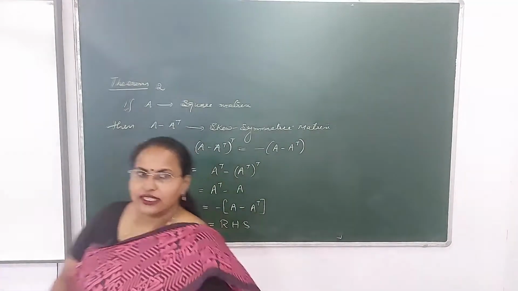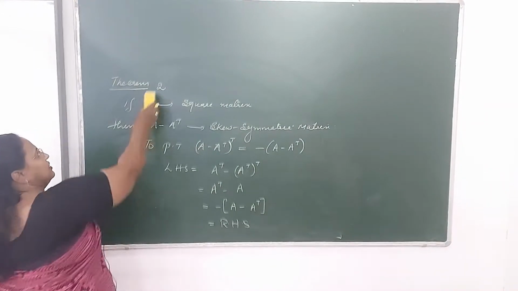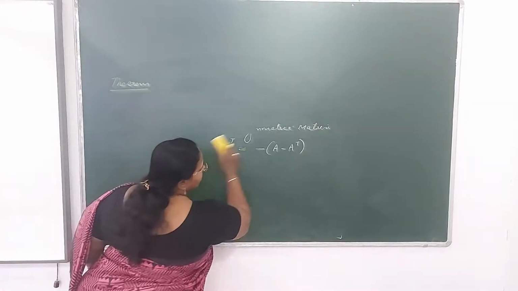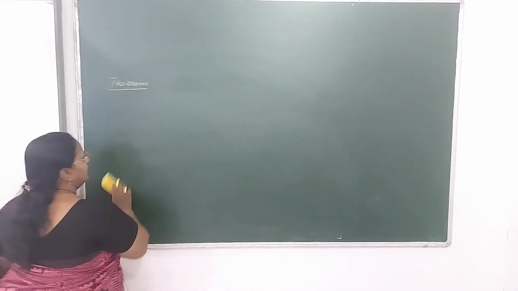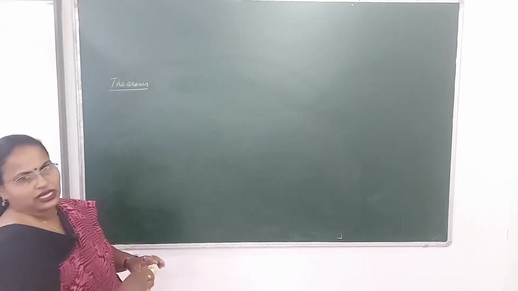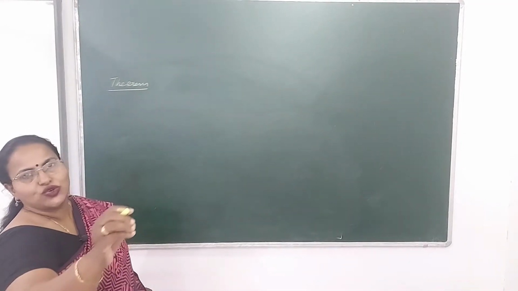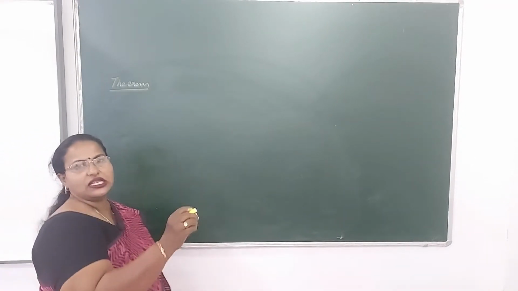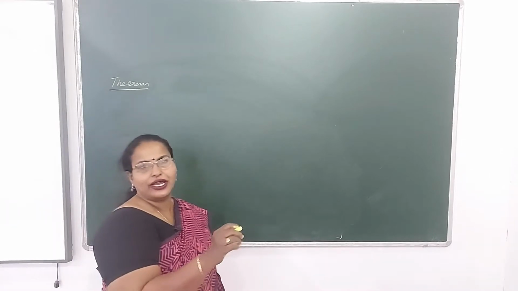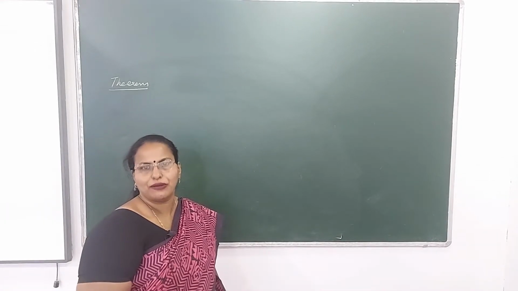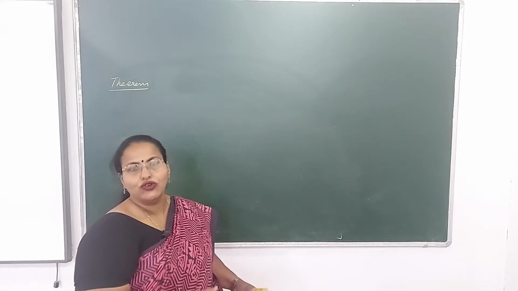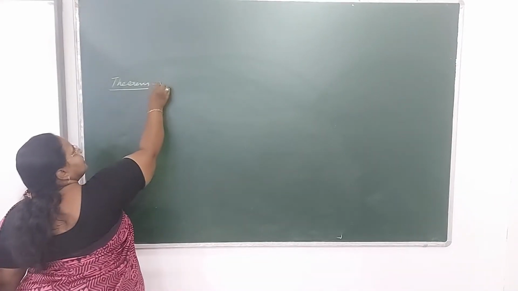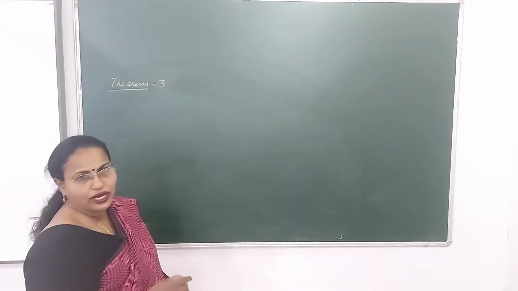So now let us see the third theorem. All these three theorems are important. In examinations it comes like: if A is so and so matrix, show that A plus A transpose is a symmetric matrix. Or if A is a matrix given like this, show that A minus A transpose is a skew symmetric matrix. So you need to show or verify the same. So see the third theorem, this is again a very important one.